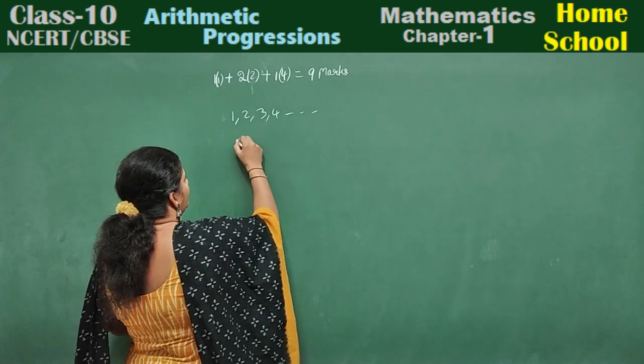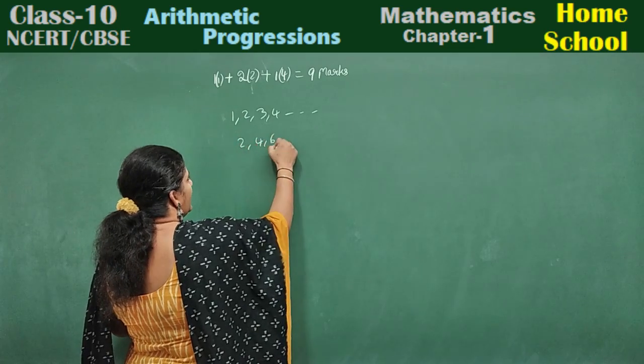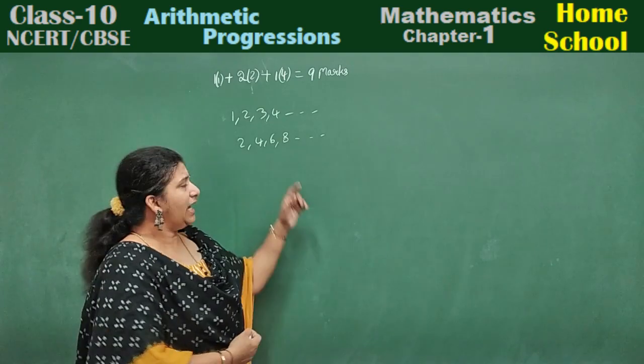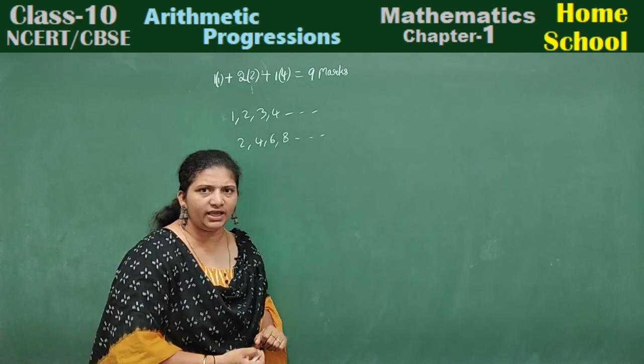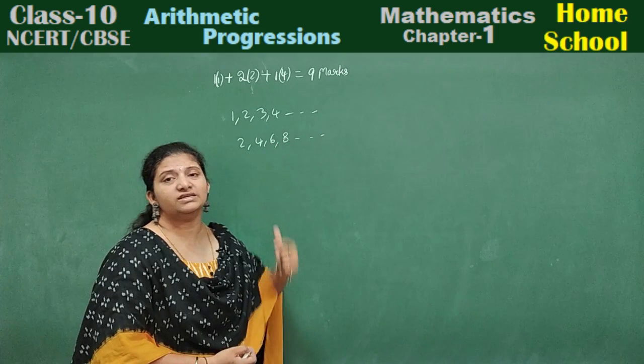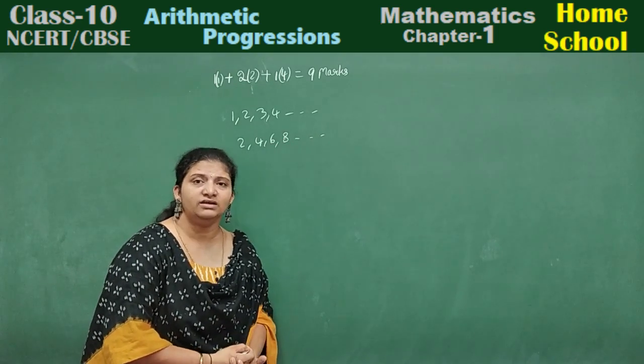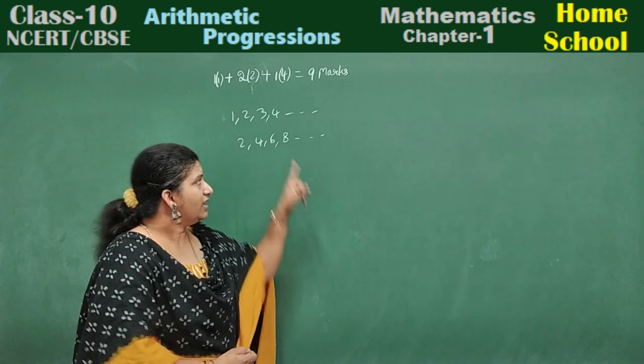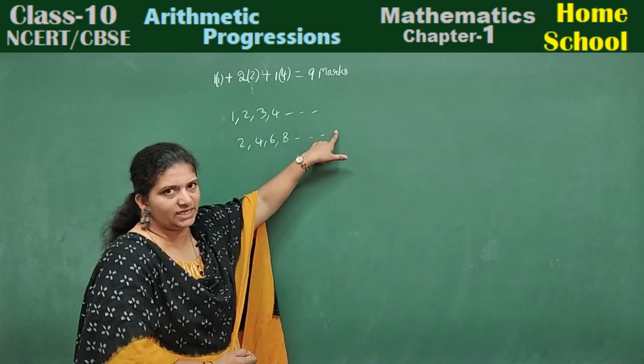And if I take 2, 4, 6, 8, and so on, the list of even numbers, what does this dot dot dot indicate? This is an infinite sequence. Why is it infinite? There is no end for the sequence.